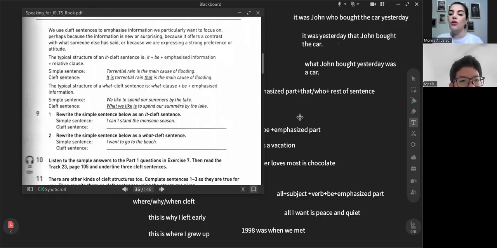But you can also combine it. For example, I can say monsoon rain, that is strong rain that comes with wind. So monsoon means a season with heavy rain.